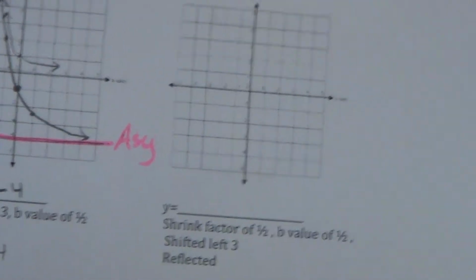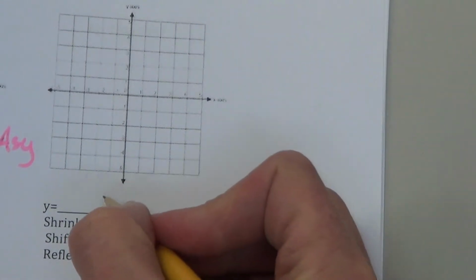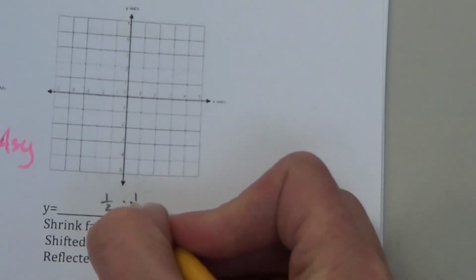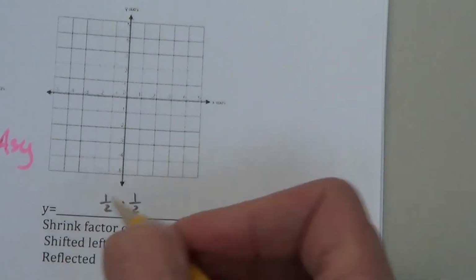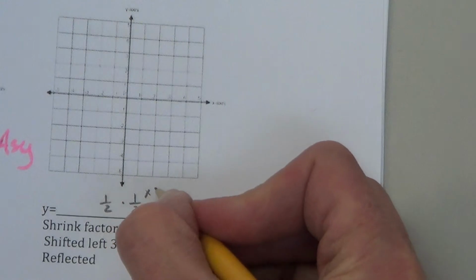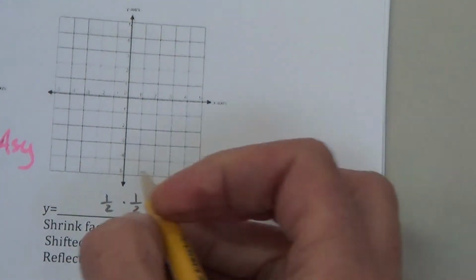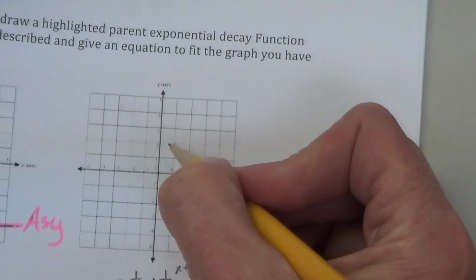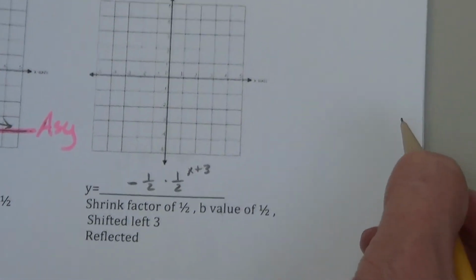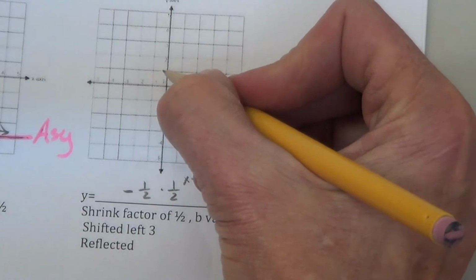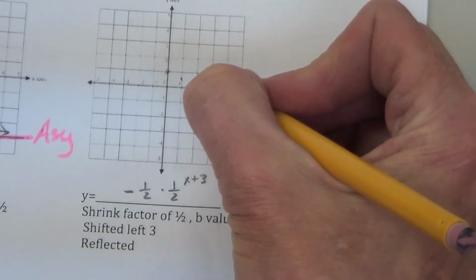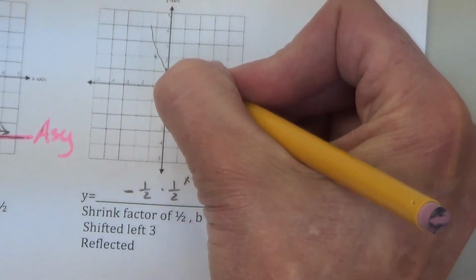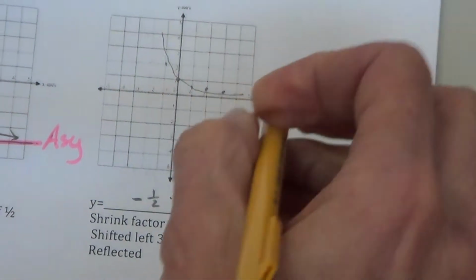Okay, next one, shrink factor of 1/2. B value is 1/2. Shifted to the left 3, and it's reflected. So let's think about our parent graph. Our parent graph for this would have been crossing there, going 1/2 again, going like that, just like the parent graph on the other one.